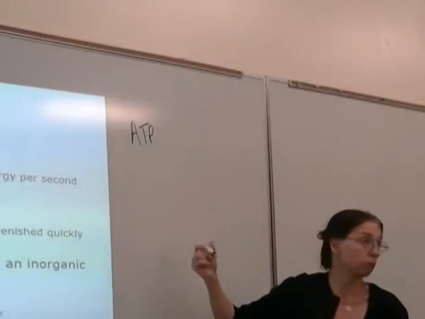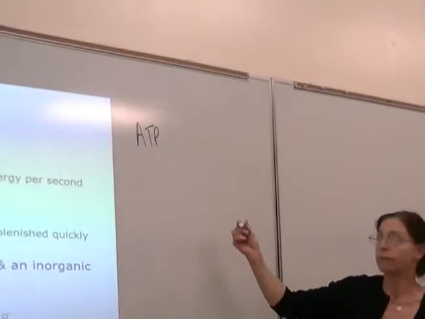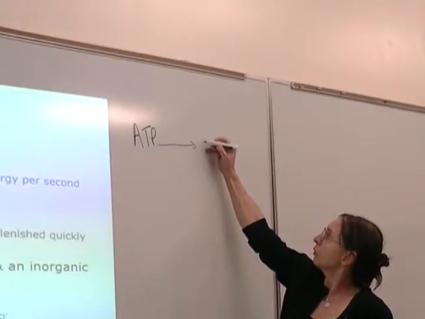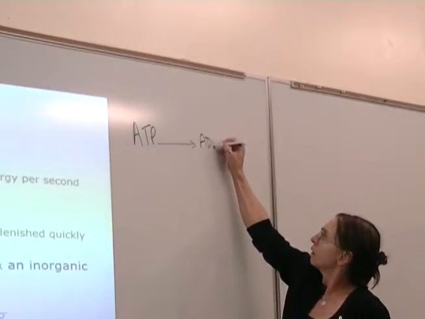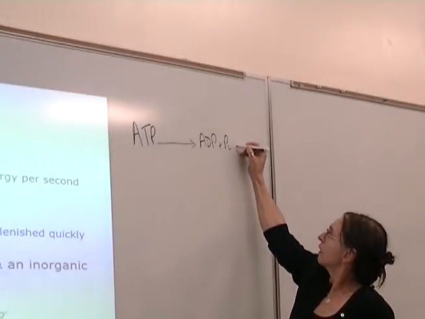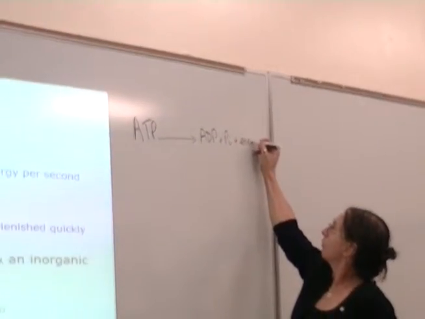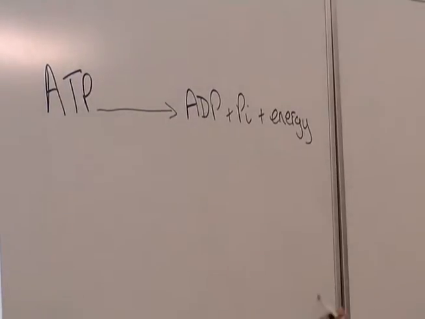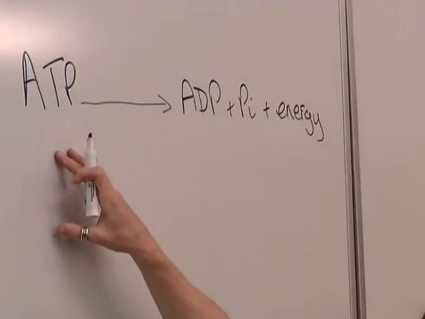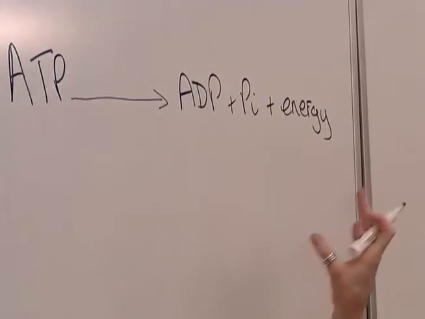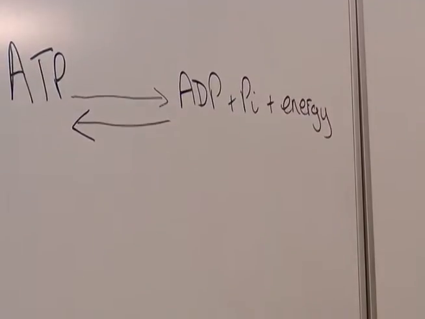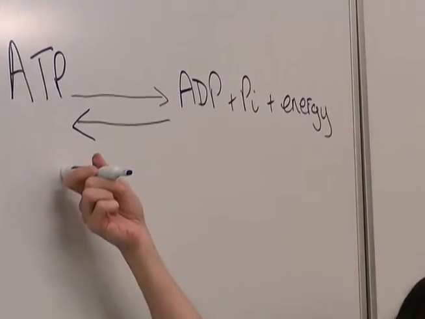ATP. I'm going to break it down to ADP, Pi, and energy. If I want to build the ATP back, I have to add in energy to reverse that and go back to ATP.